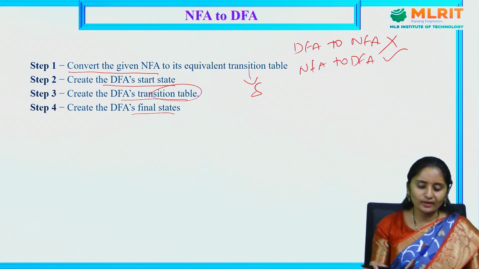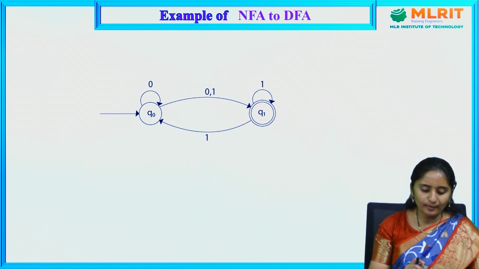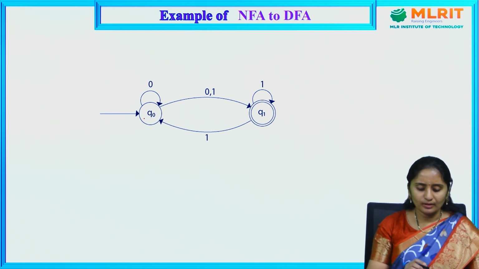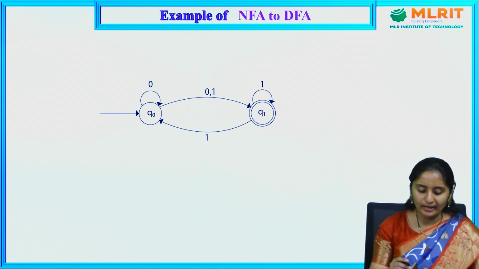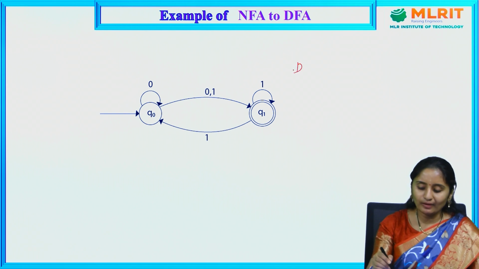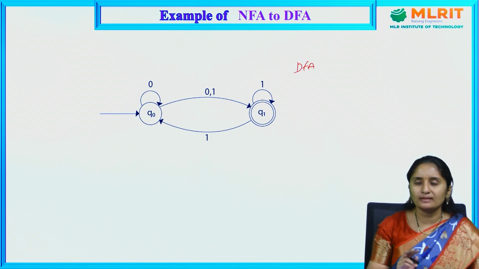So let us go for an example. Q0 on 0 input has Q0. What type of diagram is this? By looking at this diagram, I can tell it is an NFA diagram, because in a DFA each state has only one transition on each input.